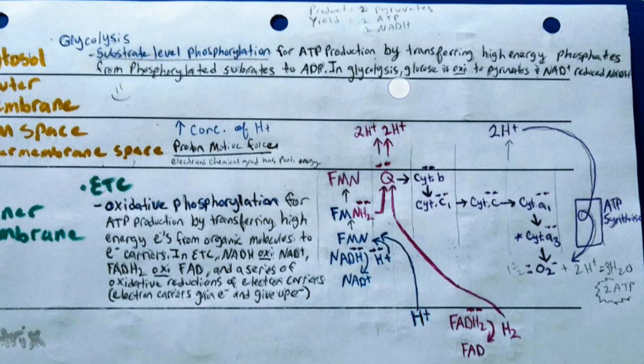In glycolysis, 1 glucose is oxidized to 2 pyruvates and two NAD pluses are reduced, or gain electrons, to two NADHs, if you want to be more specific.